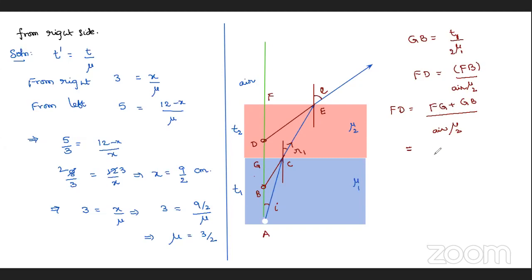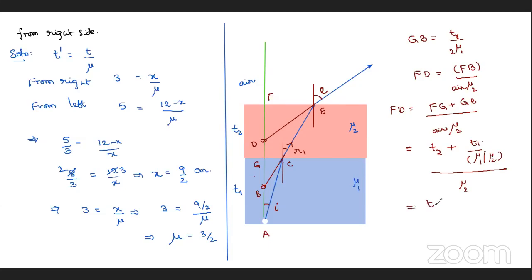Right. FG is how much, Nana? T2. Very good. Now the response is good. GB is T1 by mu12, mu1 with respect to 2, that is, T1 by mu1 whole divided by mu2. Correct?